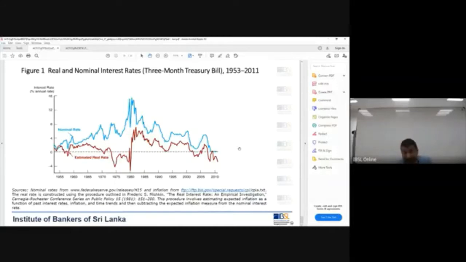So 0.25% equals nominal interest rate, real interest rate of -2. So what is the expected inflation in US?